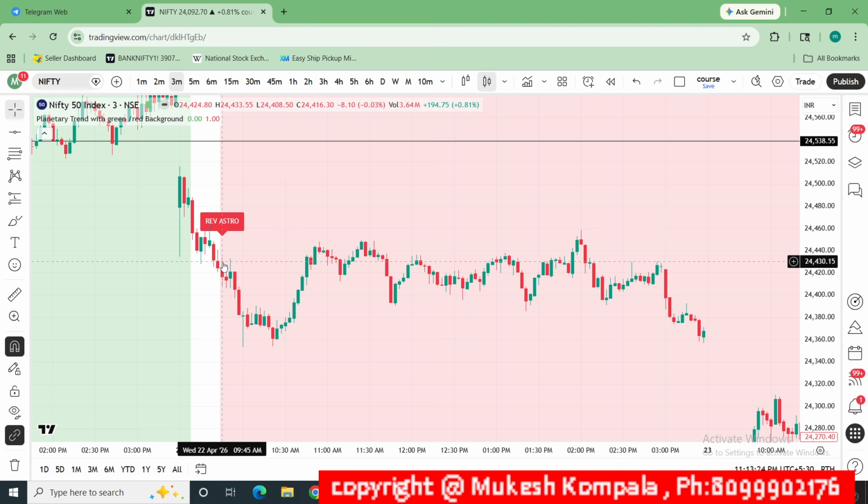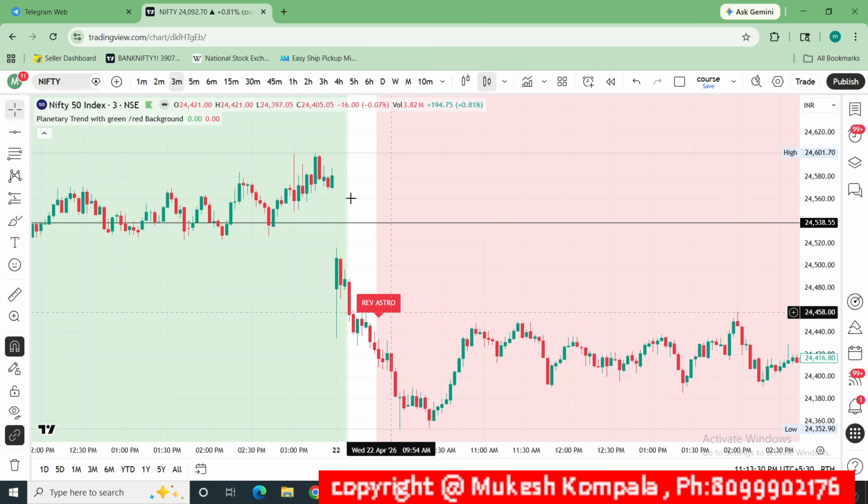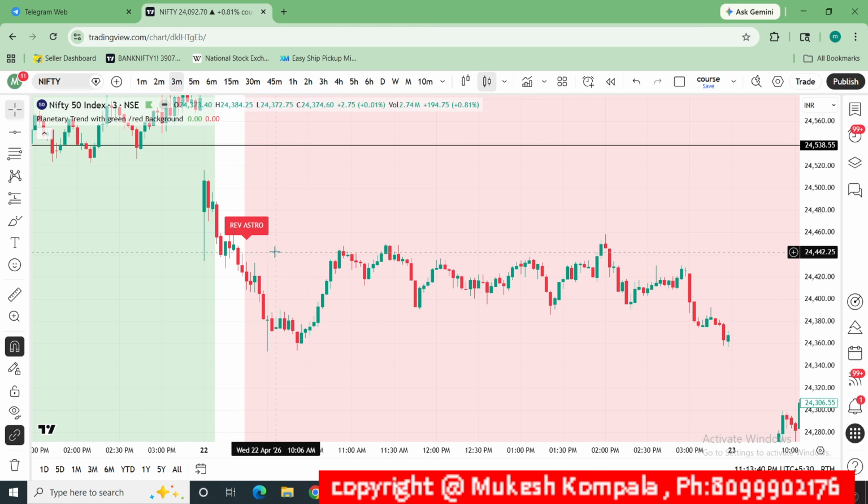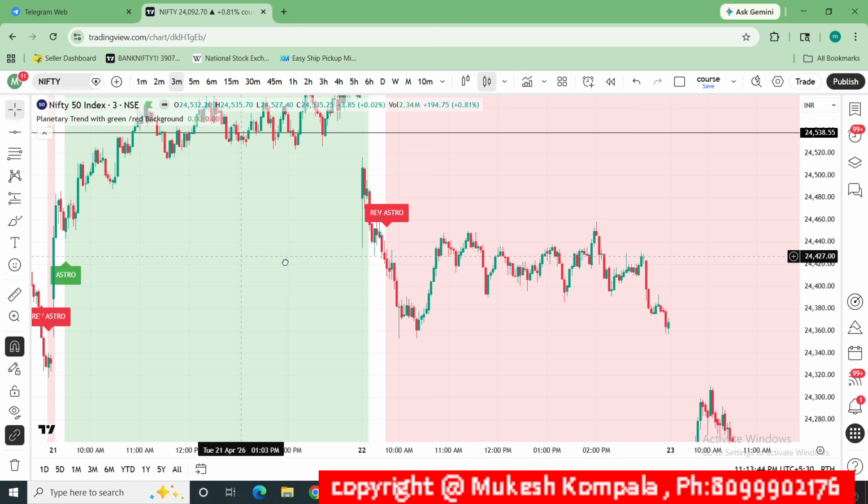Where to put SL, sir? Also tell us about this. SL should be the previous high. Is that not going to be too big? No, you don't need to put SL. It's already there whenever it will change.